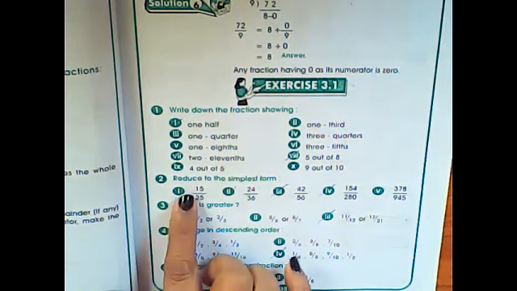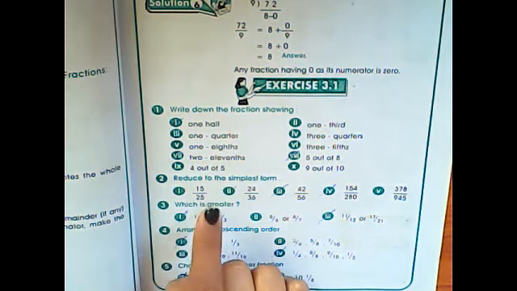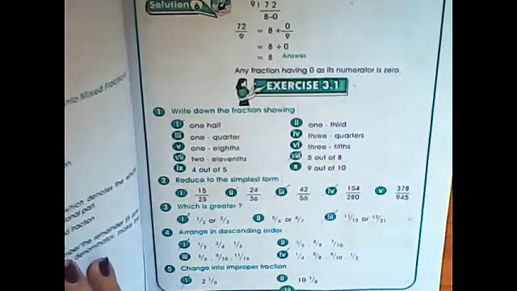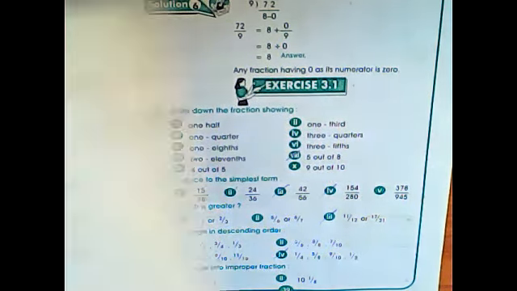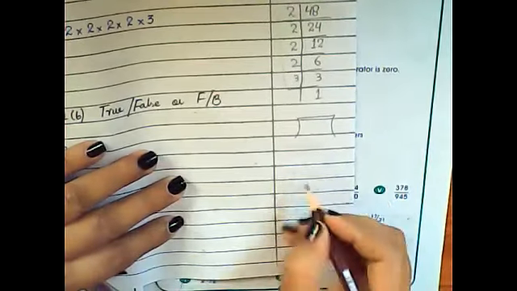Just suppose here you have the question reduce to the simplest form, and you are going to reduce 15 by 25 in the objective portion. So for the reduction, you have 15 divided by 25. You will perform reduction here.